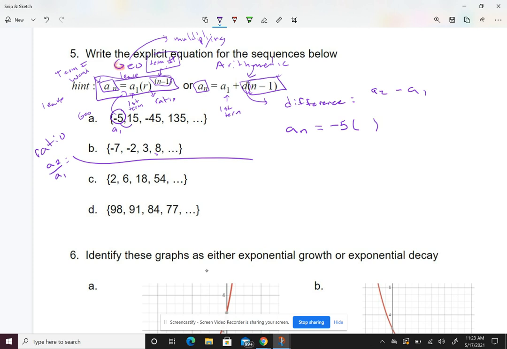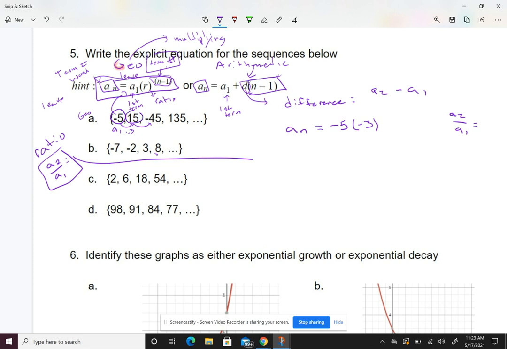So how do I go from -5 to 15? How do I go from 15 to -45? Sorry, to go from -5 to 15, I'm multiplying by 3, but wait a second, it's a negative to a positive, so I'm multiplying by -3. So the common ratio here would be -3. If you don't like that, it is so easy, just use this formula here. The common ratio would be A2 divided by A1.